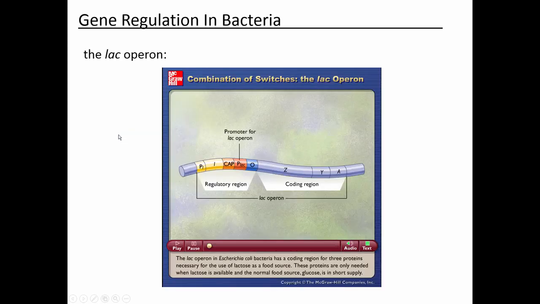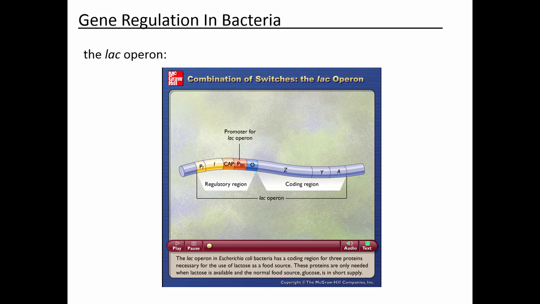Okay, so the next thing we're going to talk about is how the LAC operon is regulated. LAC is short for lactose, which, if you remember, is a disaccharide. All the genes that are a part of this operon code for proteins that are involved in allowing a bacterial cell to use lactose as an energy source, meaning they're involved in the bacterial cell taking it up, breaking it down, and using it to produce ATP.